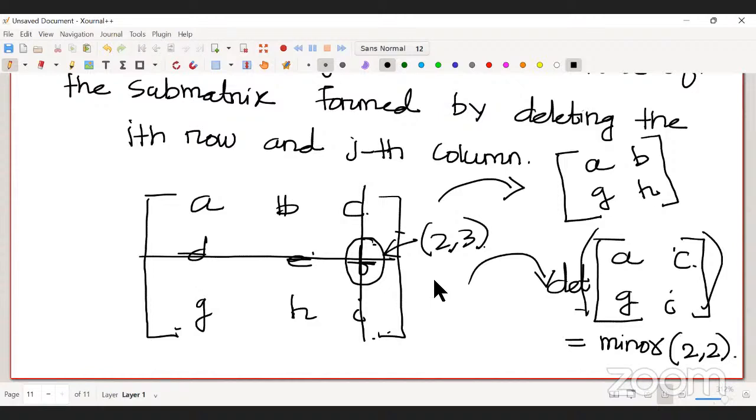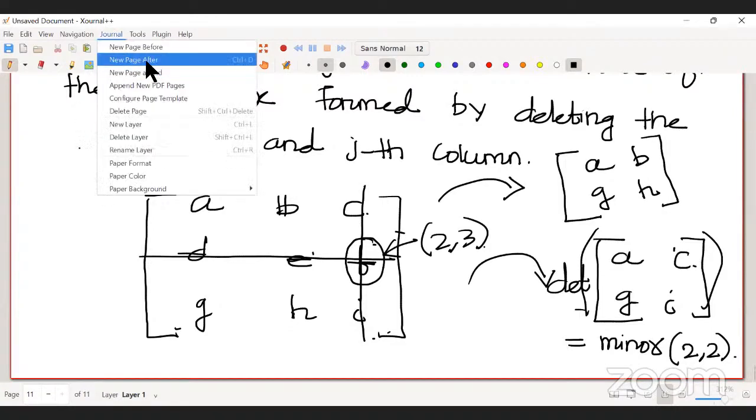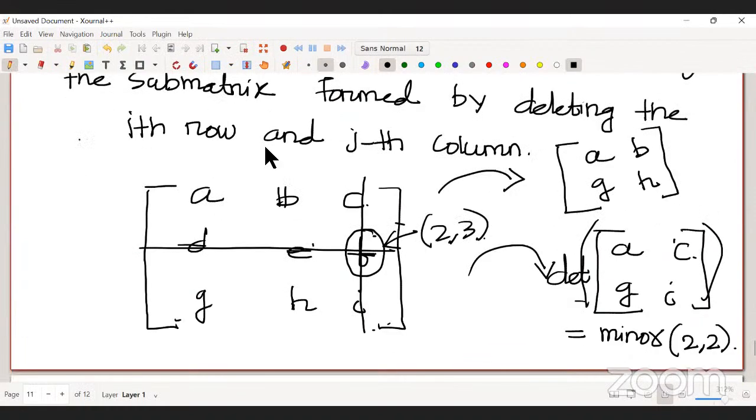Okay, and once you compute the minor, computing the cofactor is easy. So what basically you have to do? With respect to this F, by omitting the row and column, you are getting a matrix, right?